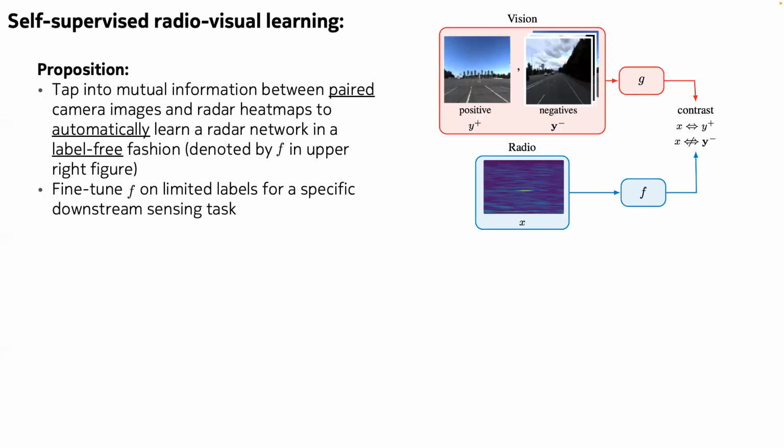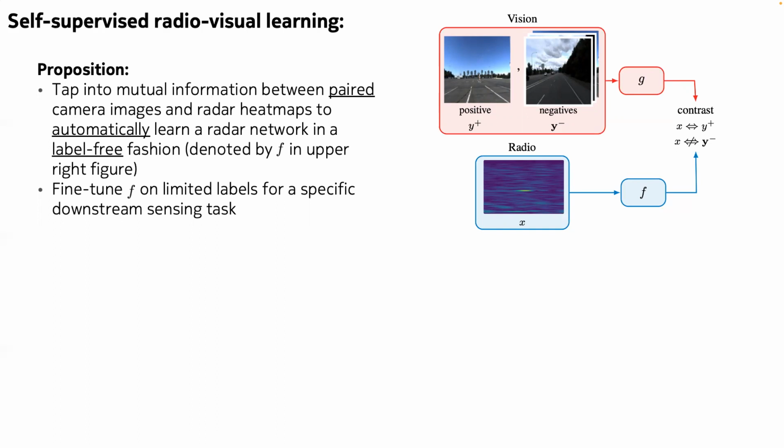So leveraging this new learning paradigm, we at Nokia have formulated our own radio-visual SSL problem. The idea is to tap into the mutual information between paired camera images and radar heat maps to automatically learn a radio sensing network.